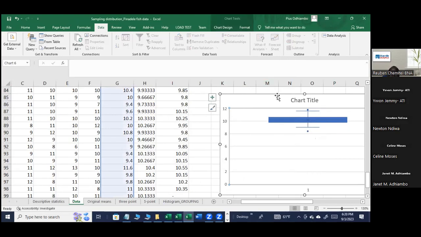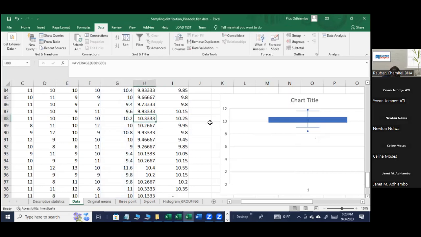Now, I want to move to box plots. But before I move to box plots, I want us to take a small break. You can grab a glass of water, and I will do the same.